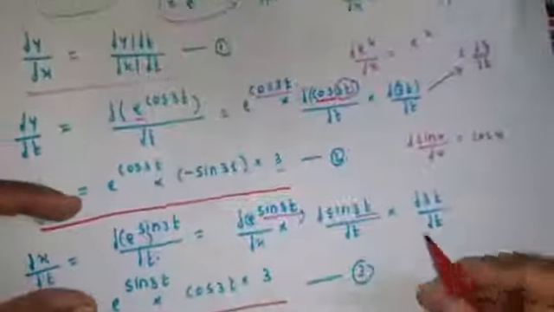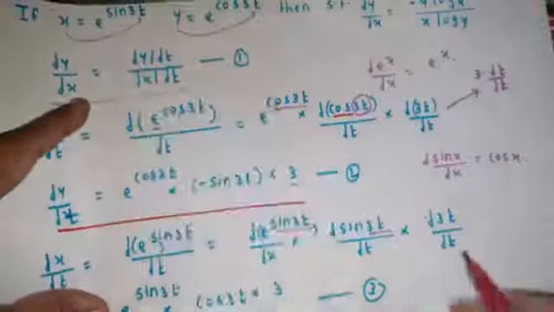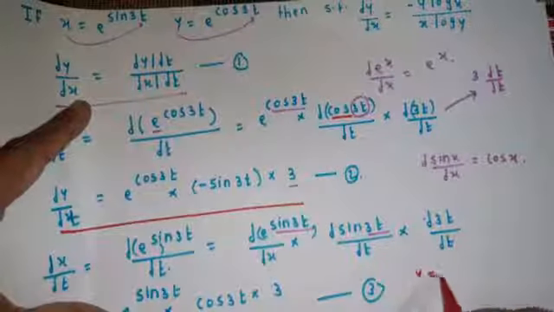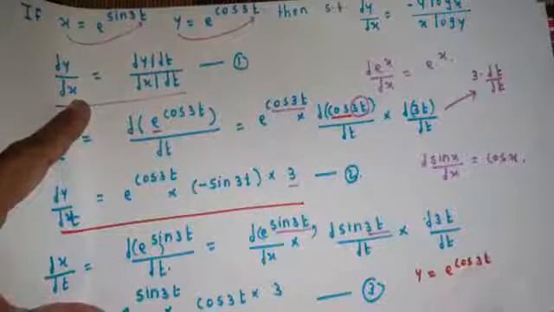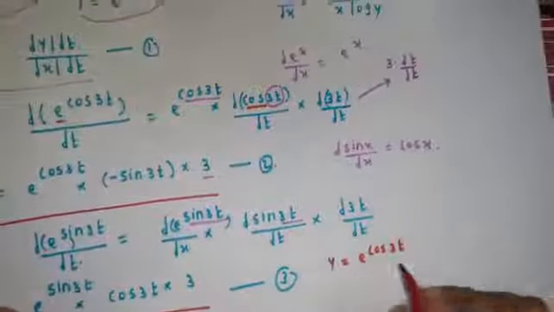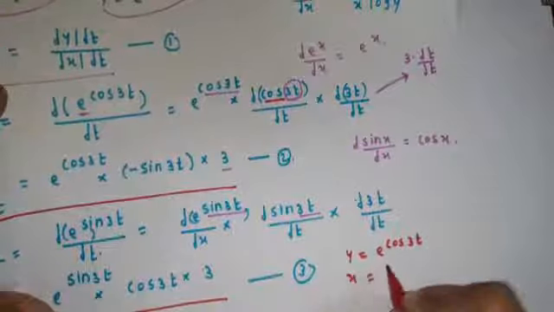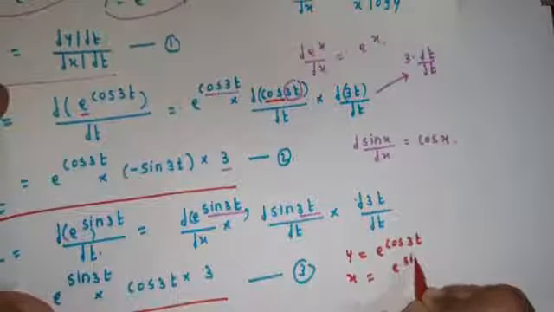We have given in the problem that y equal to e raised to cos of 3t and x equal to e raised to sine of 3t.